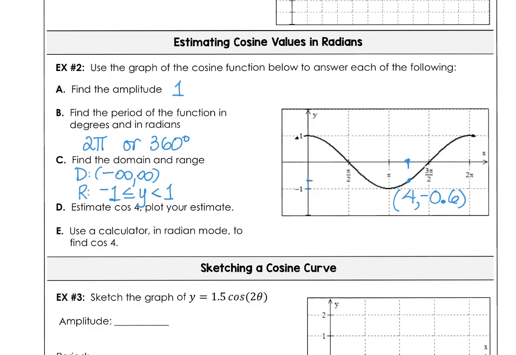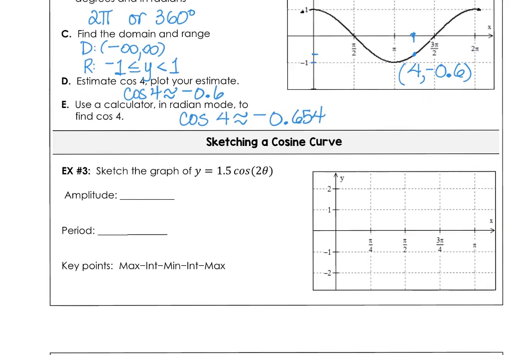So our guess is cosine of 4 is about -6/10. And using our calculator, it's about, I guess, closer to 7/10 than 6/10. But we can take a guess.